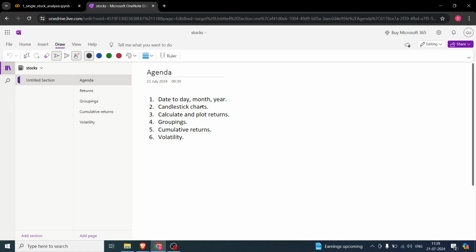We'll also be looking into candlestick charts, not very deep, but we'll definitely have a basic understanding. Then we'll be calculating and plotting returns, how we calculate that and how we can use it. After that we will be using groupings, then finding cumulative returns and what those are, and lastly we'll talk a little bit about volatility.